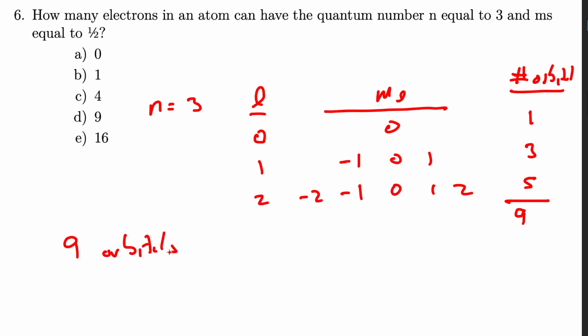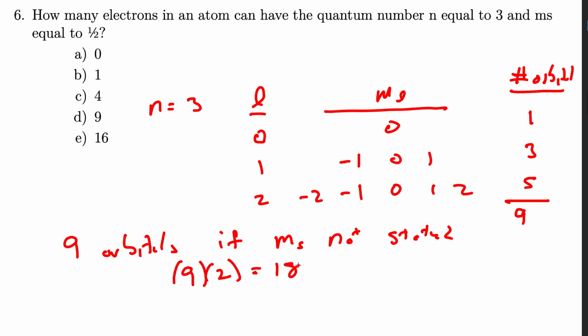Now, if m sub s is not stated, you'd go, okay, 9 times 2 gives me 18. But it says m sub s of 1/2.